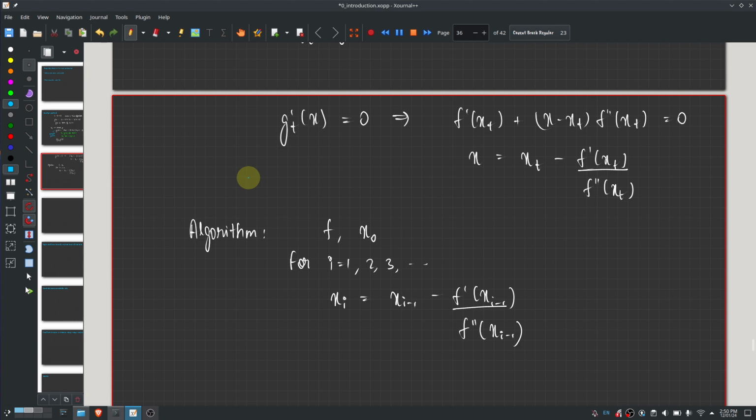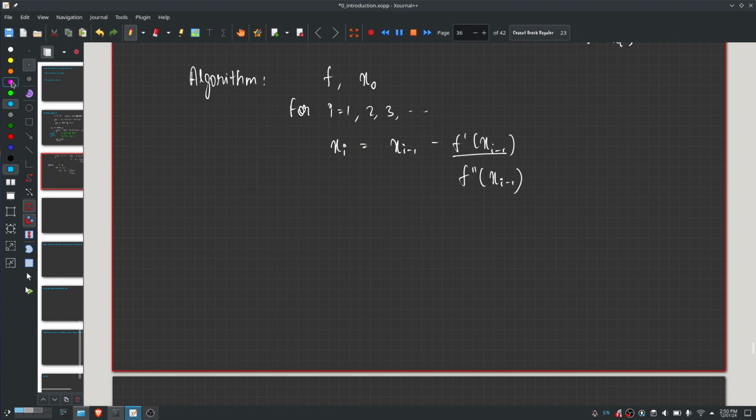You simply look at xi and xi minus 1. So one way of terminating is, if the difference between xi and xi minus 1 is less than or equal to some epsilon, then you terminate.